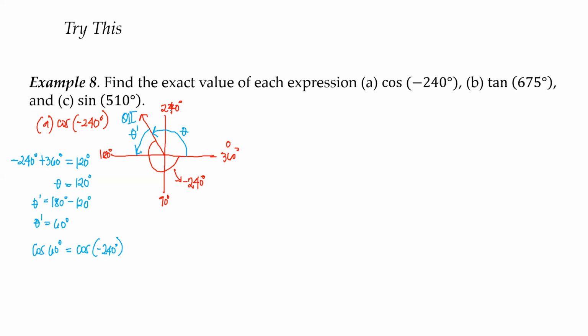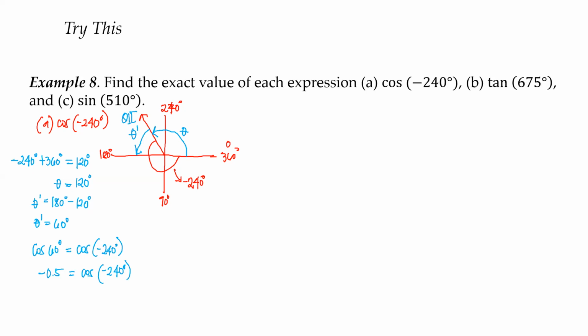So cosine of negative 240 degrees is equal to negative 0.5. To check, you input cosine, parenthesis, negative 240, close parenthesis, and that is negative 0.5.